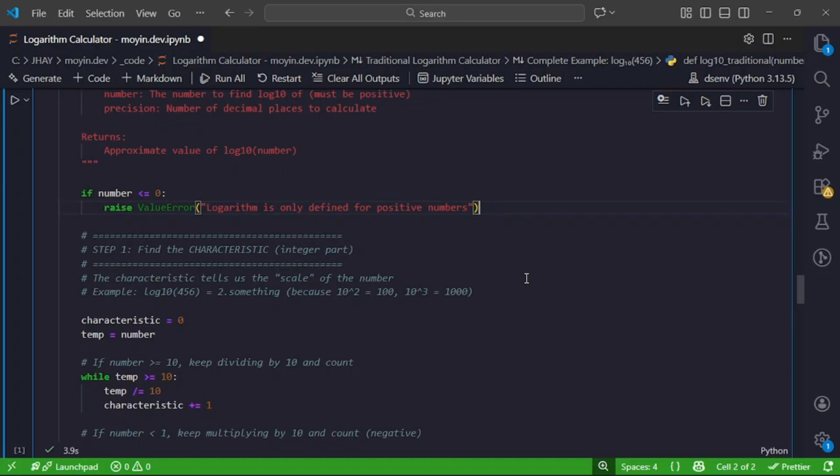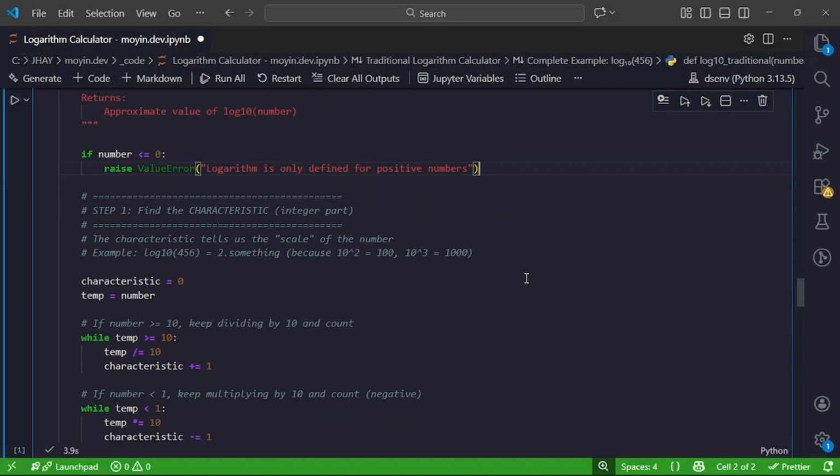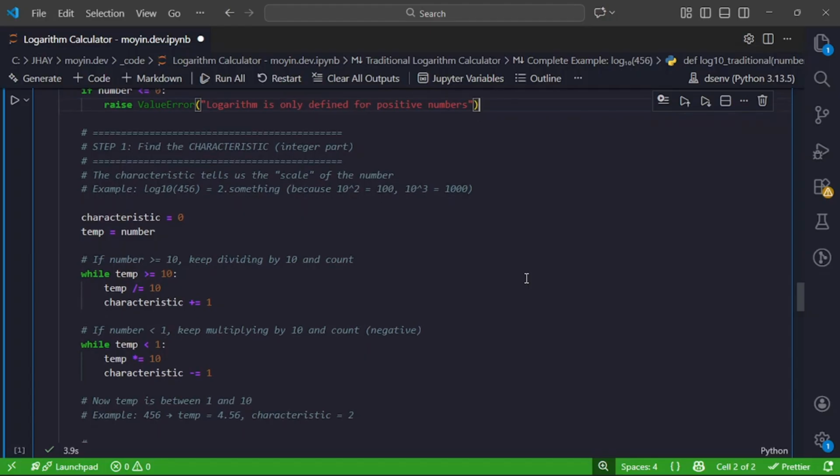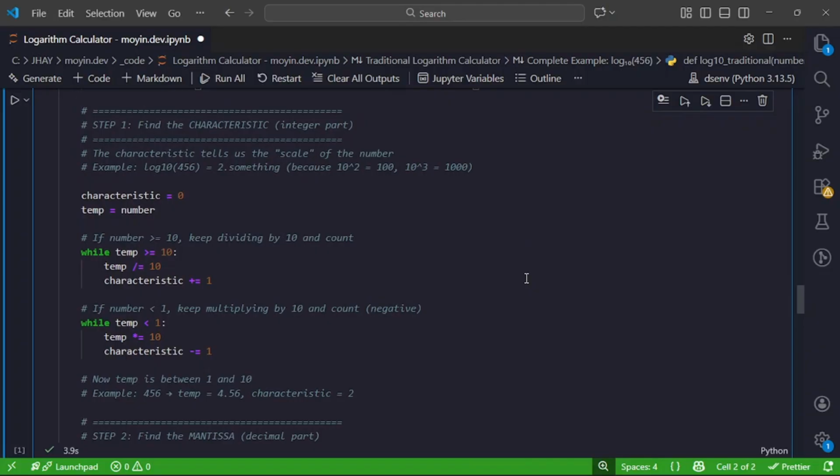Now, what of a case where the number is less than 1? A number like 0.5, you can't possibly divide it by 10. How then do we get the characteristic? Easy. We simply count in the inverse. For numbers greater than 1, what we are trying to see is how many times they are divisible by 10.